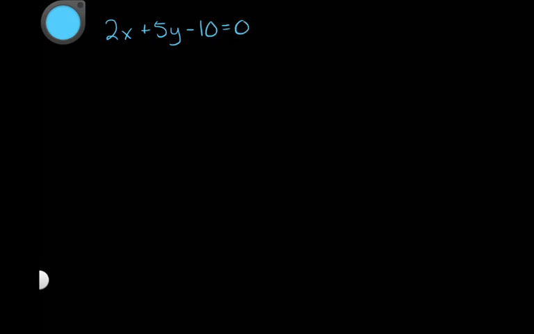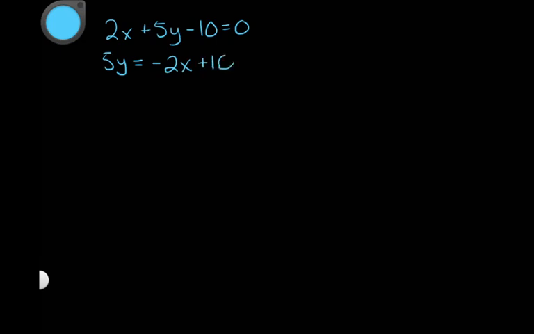We're going to start off by doing the same thing we did in the previous question because we need to find the equation of this line. So I'm going to get the y by itself. 5y equals, I'm going to move this 2x to the other side, so negative 2x, and move the negative 10 to the other side, so that's a positive 10.